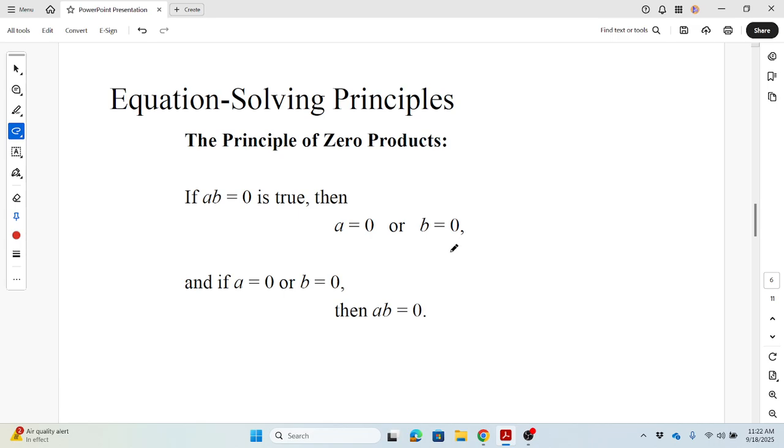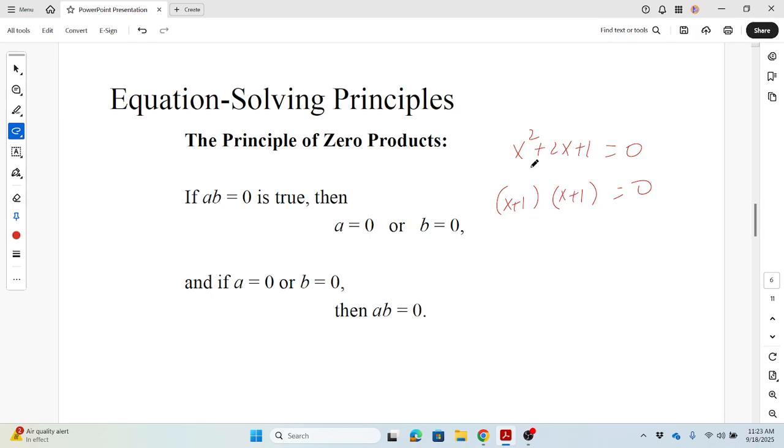So when solving quadratic equation, we might need the zero product property. For example, let's say you have x squared plus 2x plus 1 equals 0. Then after finding the factors, let's say x plus 1 and x plus 1, these are the two factors for x squared plus 2x plus 1.